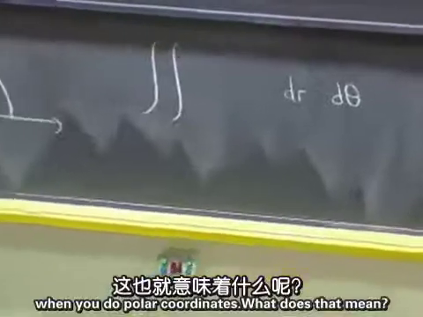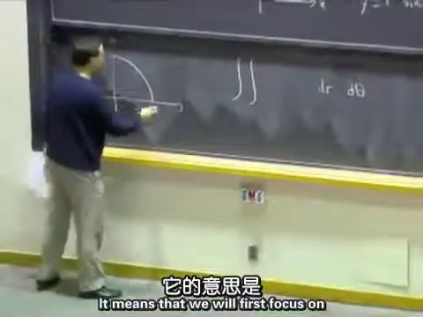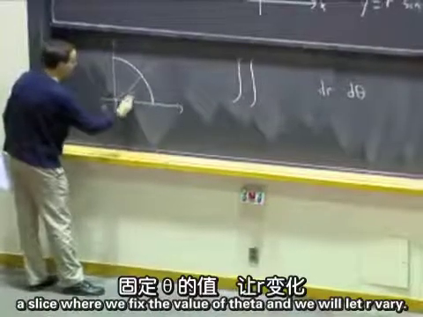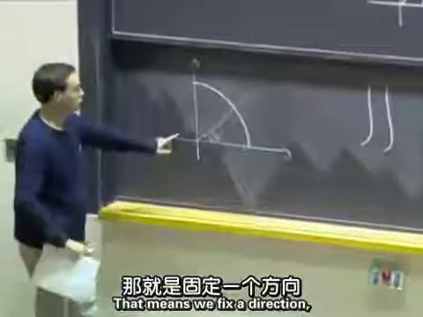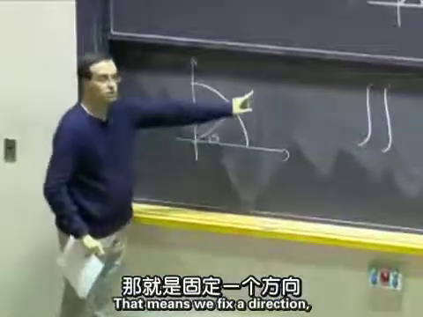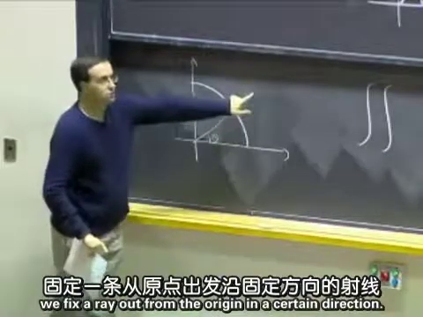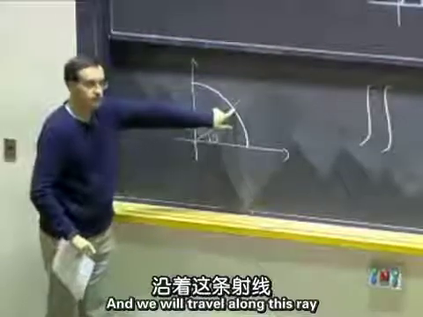So what does that mean? It means that we will first focus on a slice where we fix the value of theta, and we'll let r vary. So that means we fix a direction, we fix a ray out from the origin in a certain direction. And we'll travel along this ray and see which values of r are in our region.